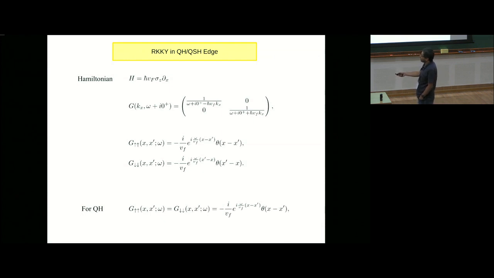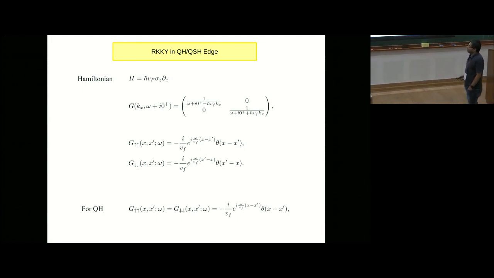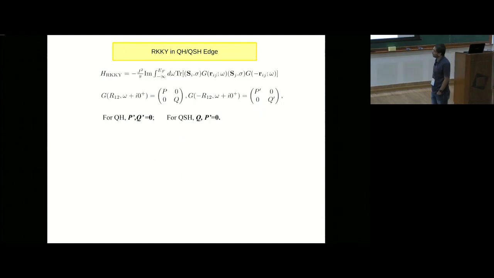Essentially up and down spin both will carry information in only one direction. So this theta function basically tells you that you can only carry information from one side to another side, not the other way around. So this is essentially a block diagonal Green's function with some coefficient here, and they have some theta functions.